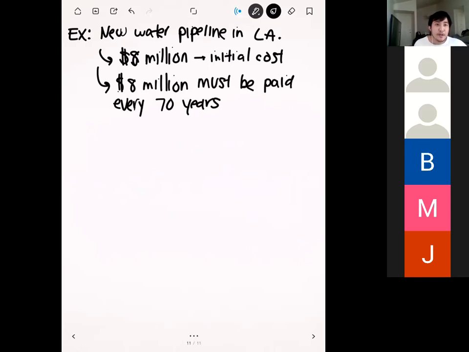The way you can think of this is that the city basically has to pay to replace the pipe every 70 years. We can just draw the cash flow diagram for this really quickly.